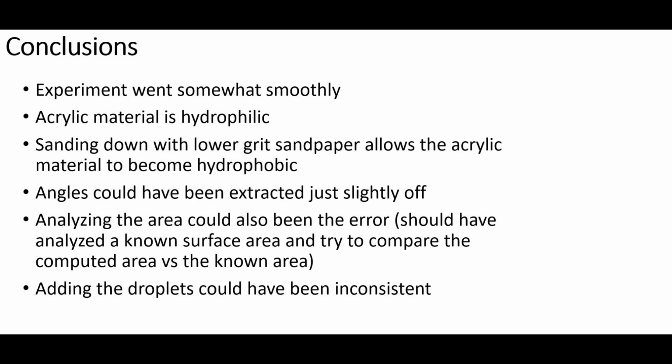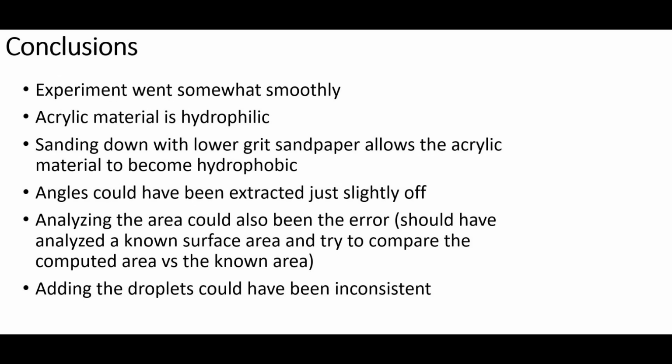Also, to make this experiment a little better, I could have gotten the angles much better. Using a different camera would also help a lot, rather than using my iPhone as the main camera. I also could have analyzed the area more closely, because there could have been some errors.